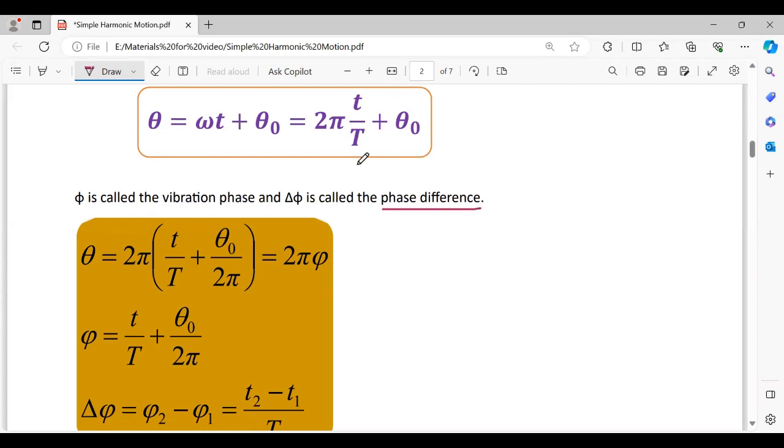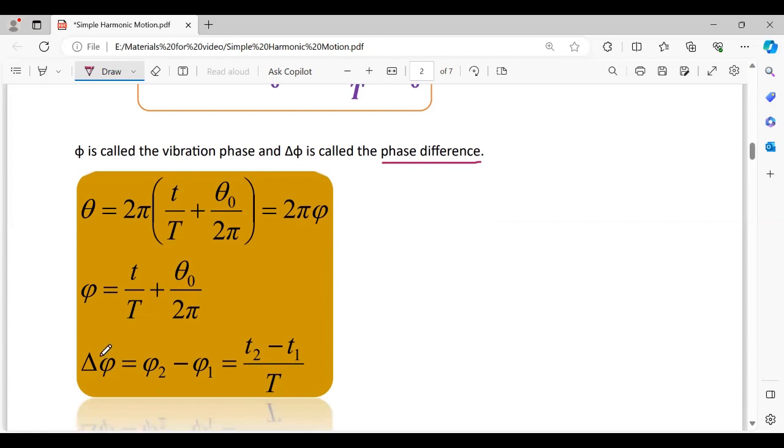So we can rearrange this formula: theta equals 2 pi times (t over period plus theta 0 over 2 pi) equals 2 pi times phi, where phi equals t over period plus theta 0 over 2 pi.